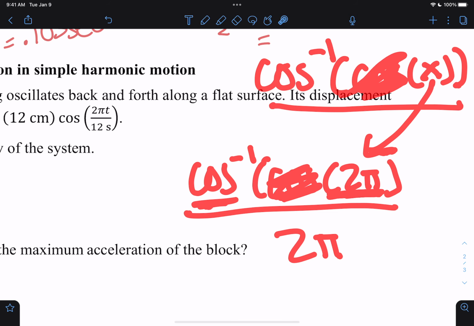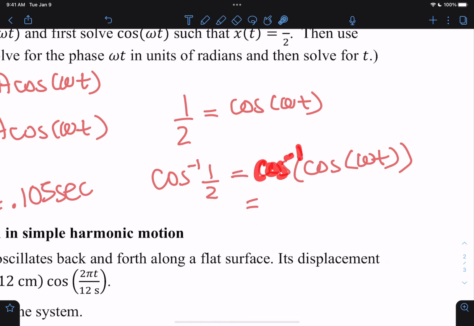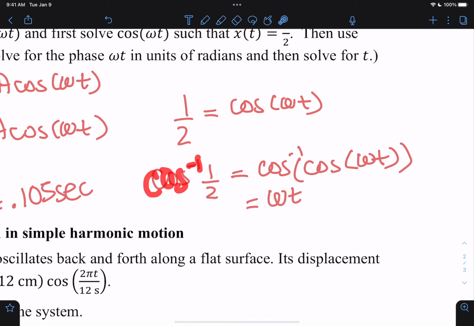So when I do that on the right-hand side, the inverse cosine helps eliminate the cosine function, and it leaves me with omega t. The thing is, when I take the inverse cosine of one side, I must take the inverse cosine of the other side. So I take the inverse cosine of 1/2, and when I do that, I should get a value close to 1.047. And that's equal to omega t.